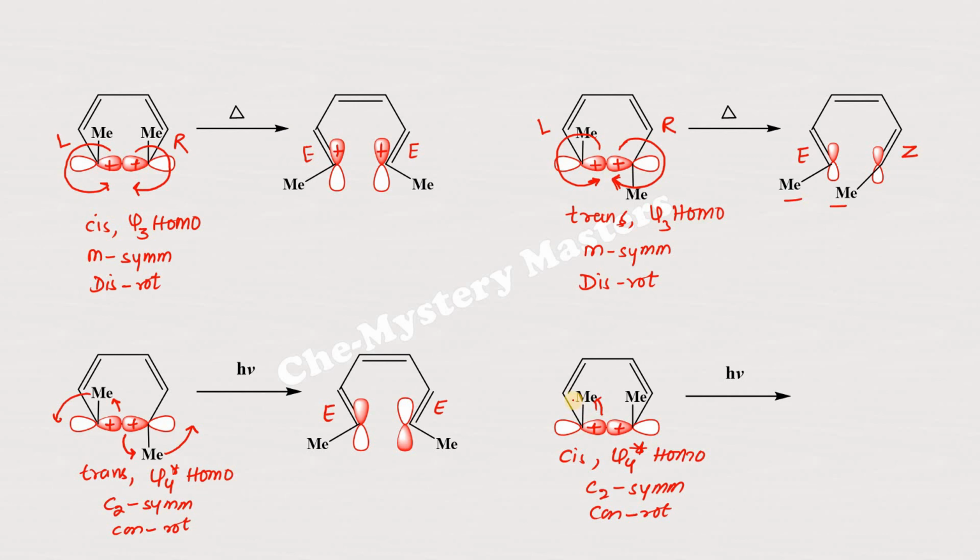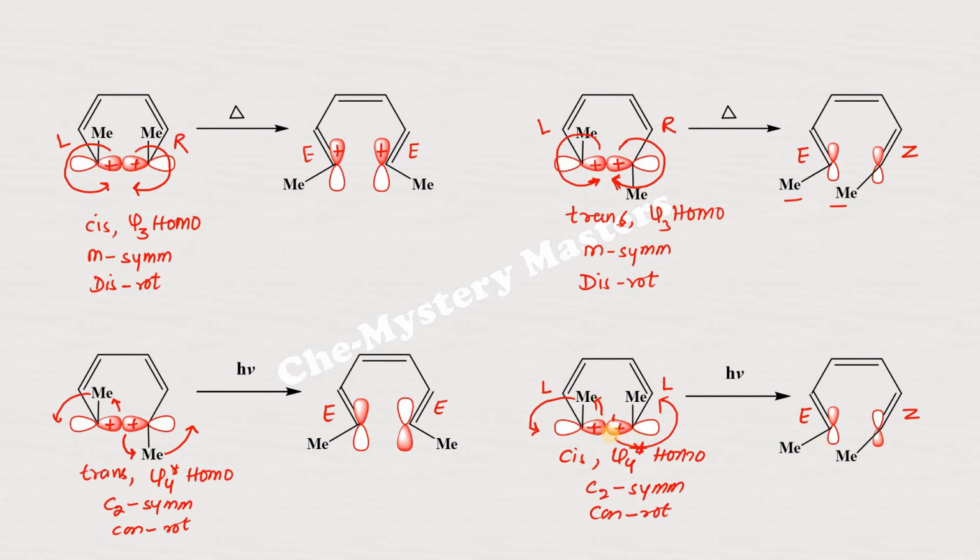So if one is moving on this side, the other will move towards the same direction. That is, if one is moving towards my left hand side, the other will also move towards my left hand side. So both of the methyl groups will go towards the same direction. That is, here also I will be getting EG type of arrangement. So this is G type of arrangement, this is E type of arrangement, and hence this open chain substituted structure will be obtained for this closed structure.